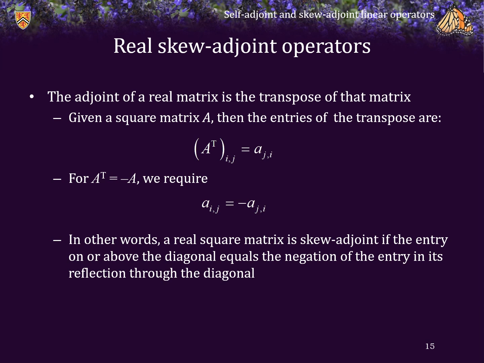In other words, a real square matrix is skew-adjoint if the entry on or above the diagonal equals the negation of the entry in its reflection through the diagonal.